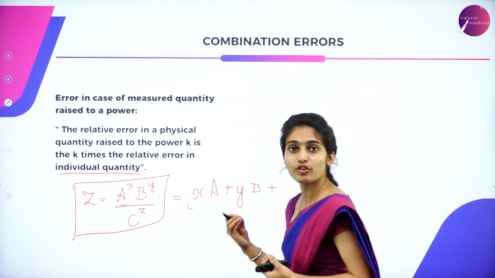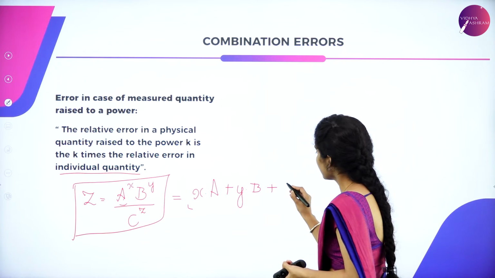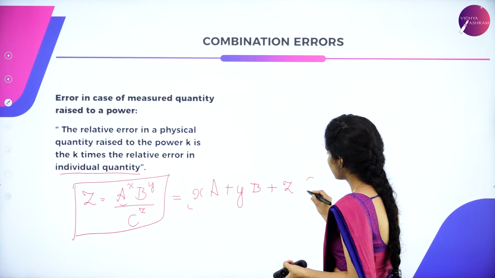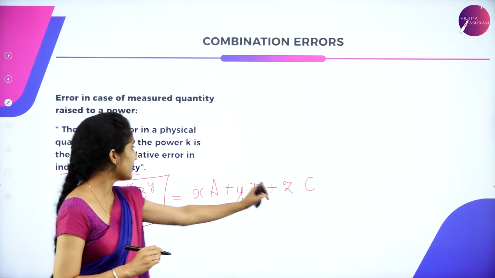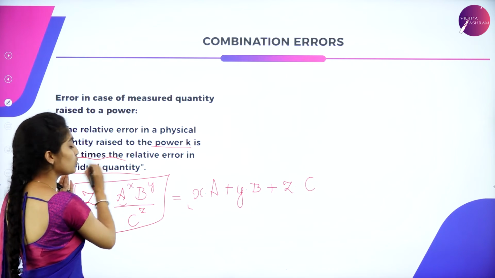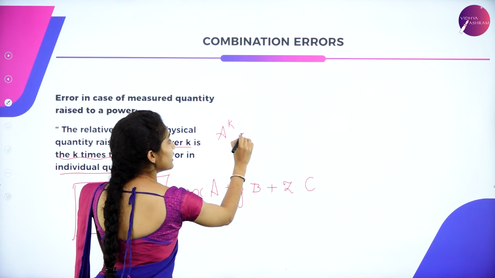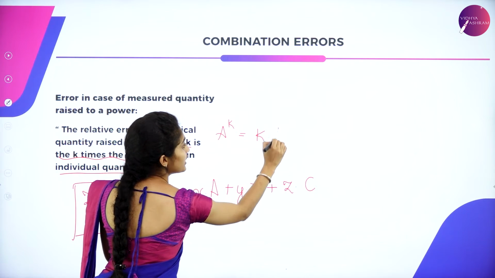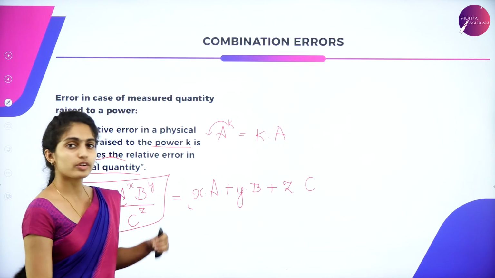Got it? Sum of errors as we had studied in the previous rules. So again it becomes power times the individual quantity. So x, y, z are nothing but power k. So it is k times the individual quantity. If it is a to the power of k, then it is k times the individual quantity. This is what this rule says.